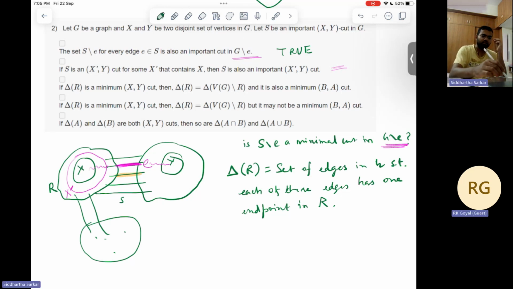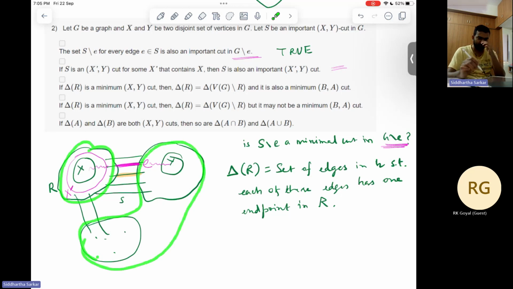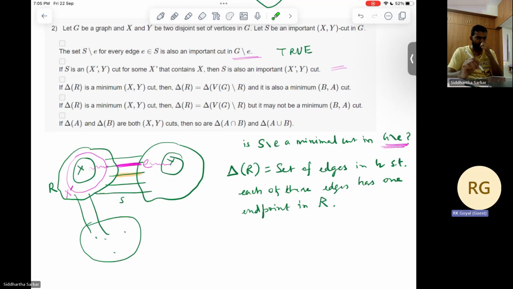So in that case, this is R and this is V minus R. But then they say that if both are equal, it shows that this will also be a minimum B comma A cut, which seems correct to me.